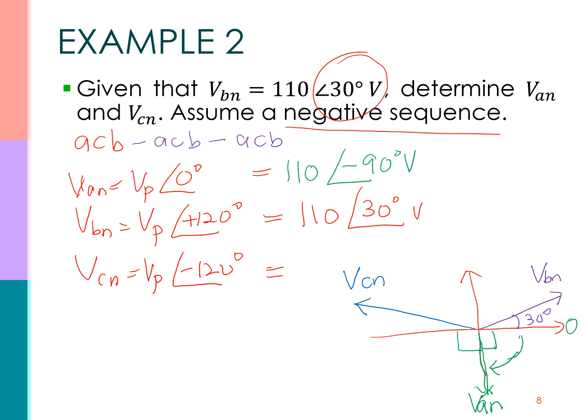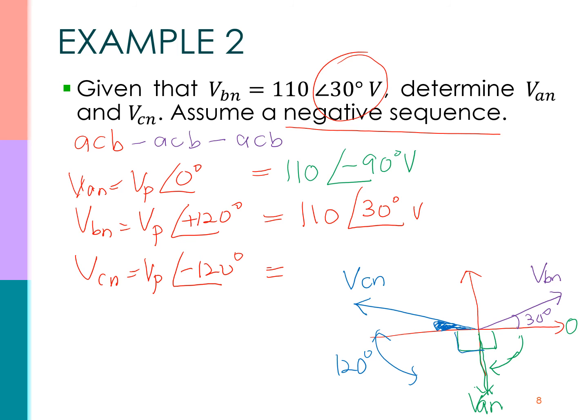Okay, so to determine the angle for VCN, you need to know that this one is 120 degree out of phase, and this one is 90 degree.